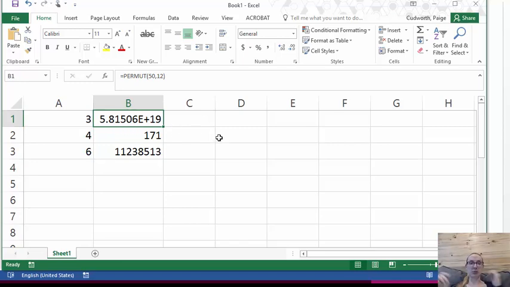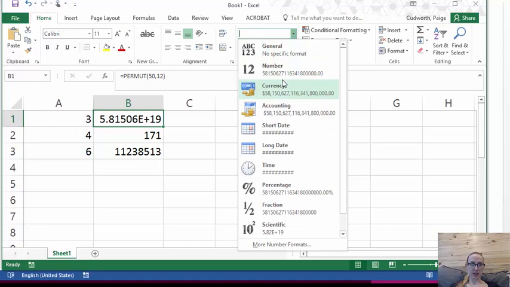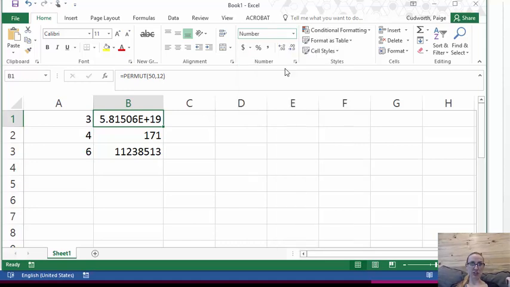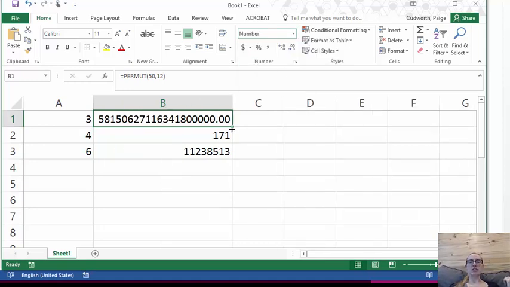So this is a really, really large number. One way to easily convert this is if I change the number formatting to just number, it will write this out as a full number and not in scientific notation. So I'm not going to retype this in my notes, but this would be our answer for that one.